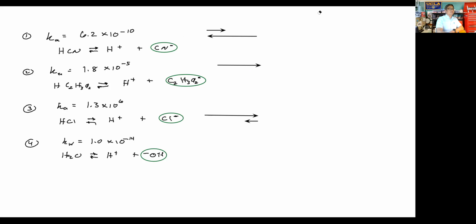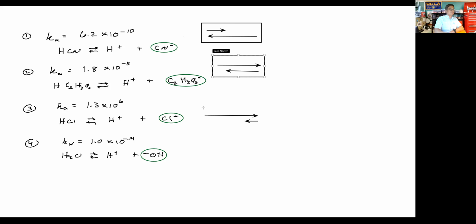So you have more of the reverse reaction happening. Each one of these arrows represents the direction of equilibrium, which we obtain from the Ka. This is the information that the Ka is telling us about the reaction.